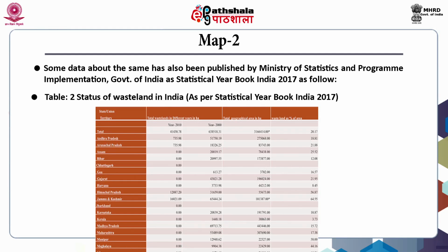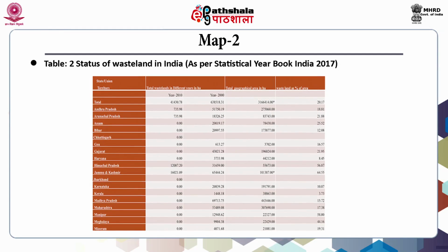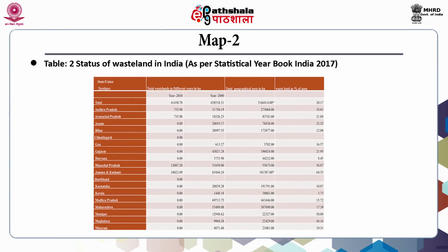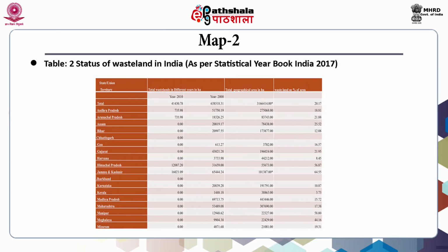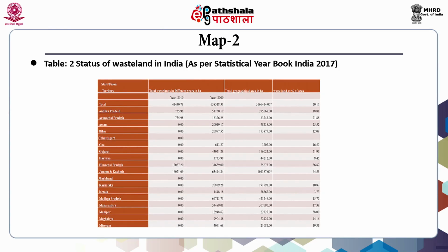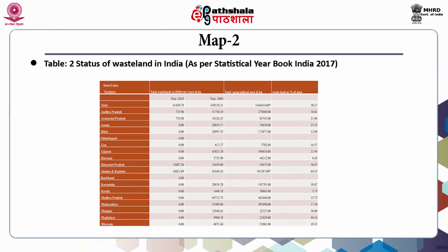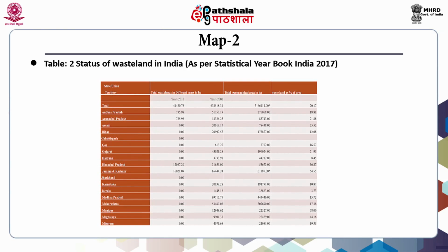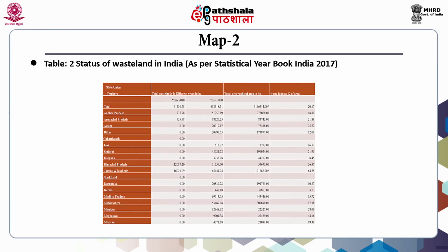Some data about the same has also been published by the Ministry of Statistics and Programme Implementation, Government of India, as Statistical Yearbook India 2007. Here we can see in the table the total geographical area in hectares and wasteland as percent of the area in different states during different years, as well as in percentage.